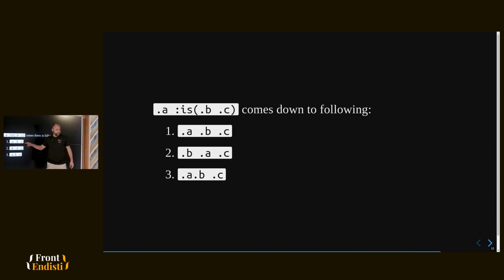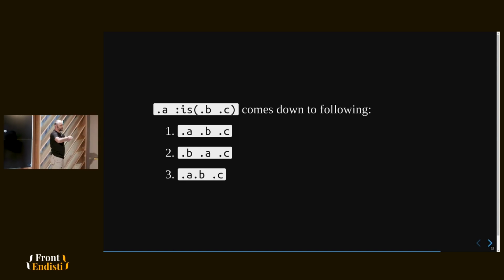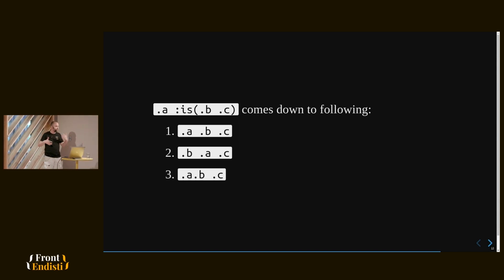It matches this as the first selector, but also it matches B. It matches B, C in A and in B, or also if these two classes are on the parent element and the C is inside. So it selects or matches many more selectors than maybe you would expect at first glance. At least I did. I didn't notice.